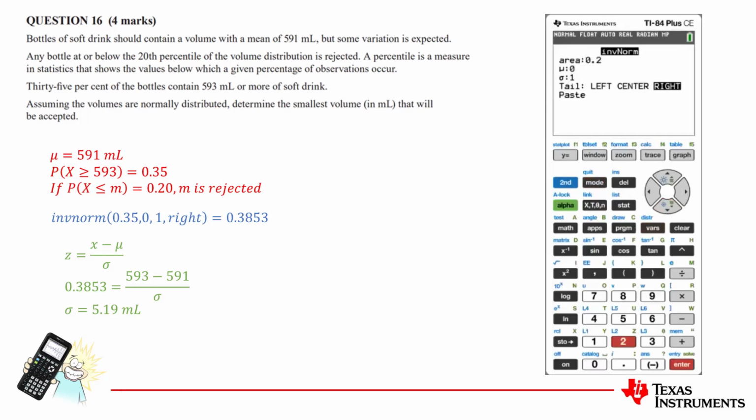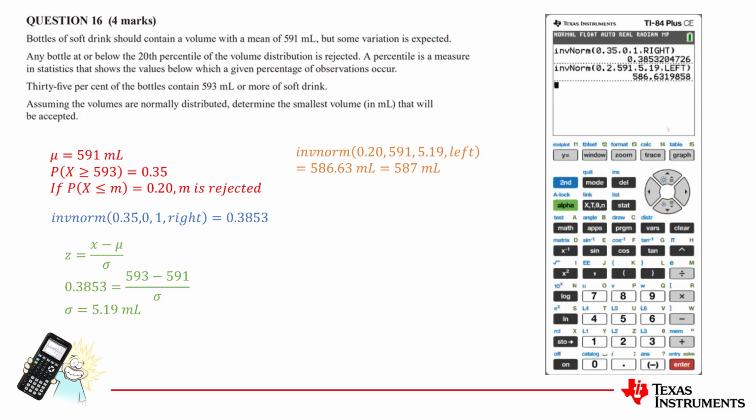My mean is 591, and my standard deviation, which I now know, is 5.19. In this case, we're looking at the left area because we're looking at anything less than the 20th percentile. I'm going to paste that in and I get 586.63, which would be 587 ml rounded to the nearest whole number. So that would be my 20th percentile, which would be rejected.